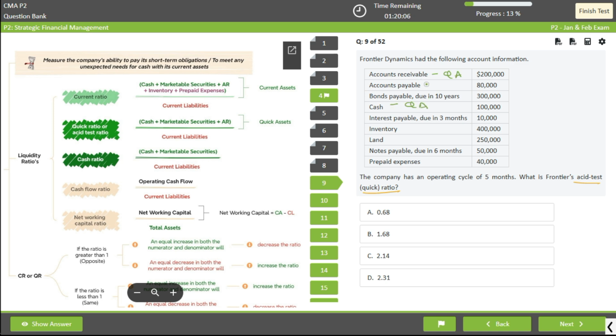Accounts payable is your current liabilities, interest payable is your current liabilities, notes payable is your current liabilities, and prepaid expenses, no. So the quick assets are 300,000 by the current liabilities, which are 80 plus 10 plus 50, that is 140,000.